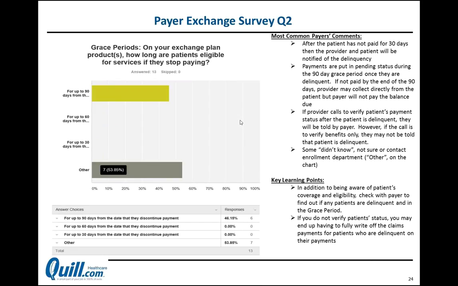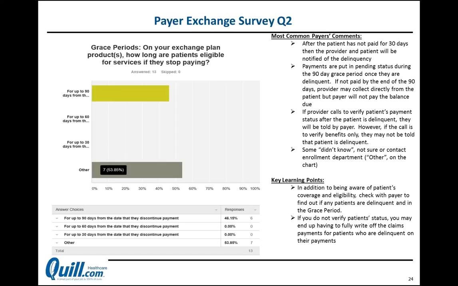And generally, although the distribution varied, basically the patient would be covered up to 90 days, and we found that for the most part, the intention of the payer's answer as we drilled into it, they were fairly consistent in that, as we discussed about the grace period ruling, for the most part, the payers basically said that after the first 30 days of delinquency, the burden is on the practice to collect from the patients. There were a couple of unique scenarios where the payer actually provided coverage beyond the 30 days. That was certainly the anomaly, not the norm.